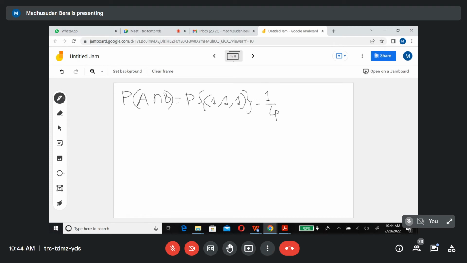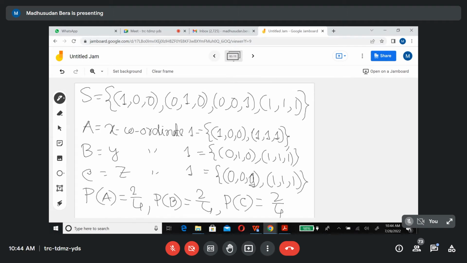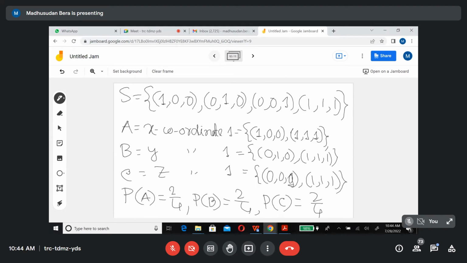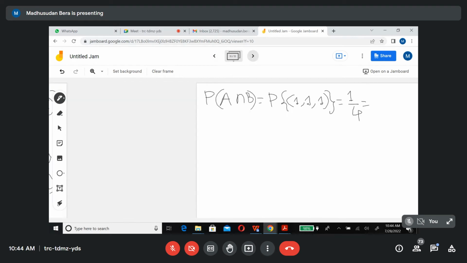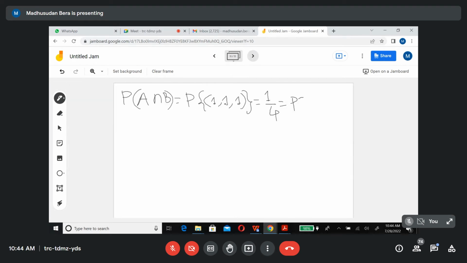Correct or not? Yes, sir. 1 by 4. So is that PA into PB? PA is 2 by 4, PB is 2 by 4, so 4 by 16, 1 by 4, which is the same as PA into PB. So that implies A and B are independent.